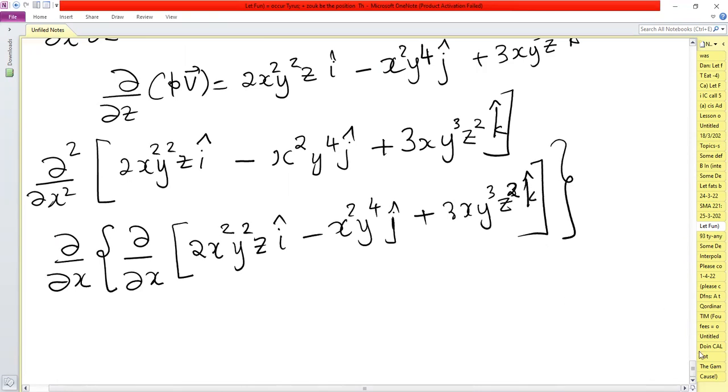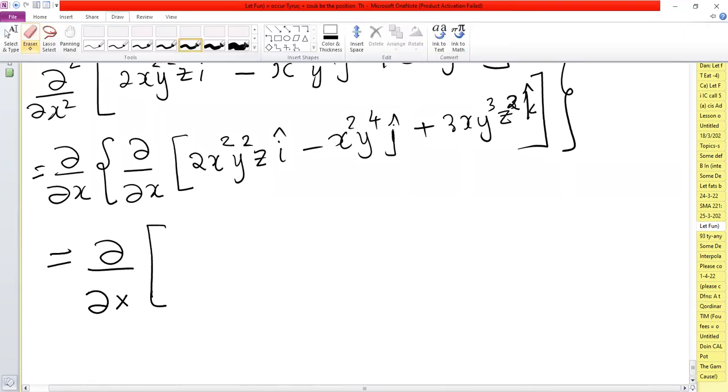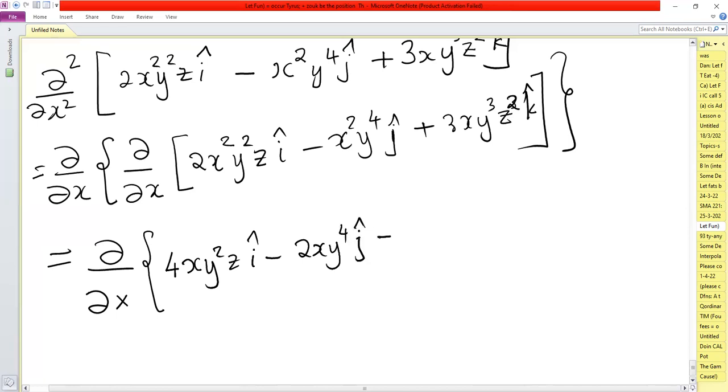So when we work out what we have inside the curly bracket, this will be given by partial x of, so this part will give us 4x y squared z i minus 2x y power 4 j plus 3 y cubed z squared k.